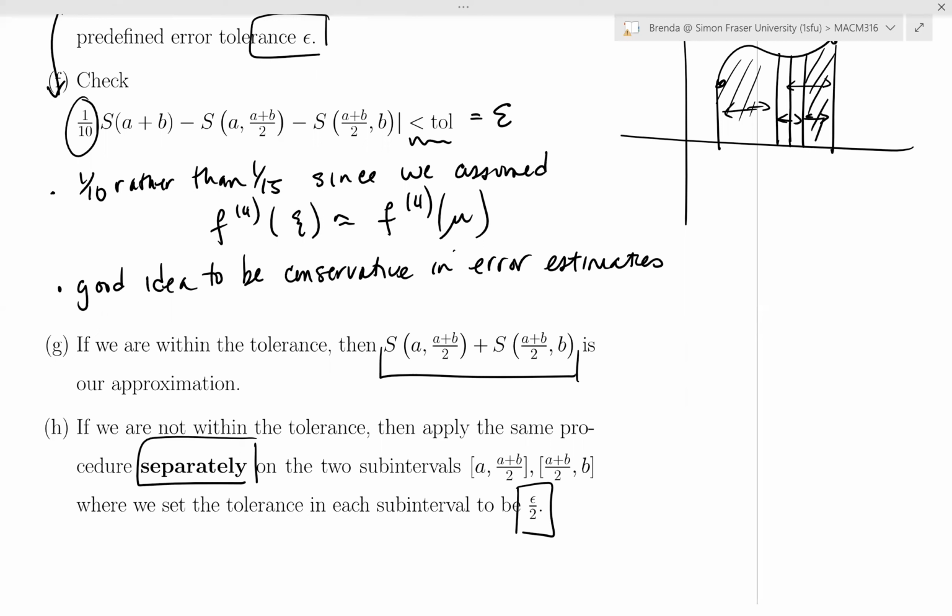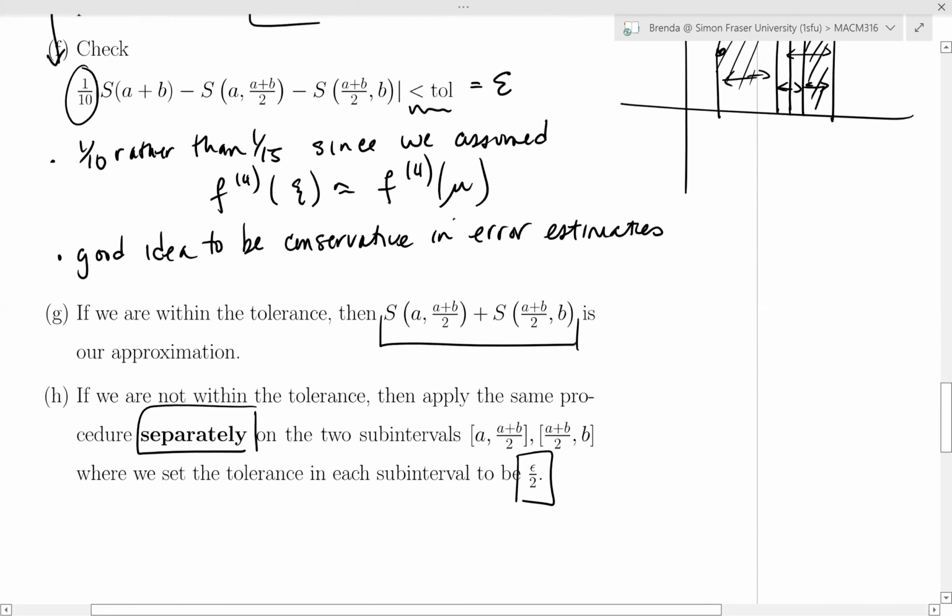With an overall error of epsilon, we allow epsilon over 2 error in each half, and we then see whether we've got within it. This is a recursive procedure.